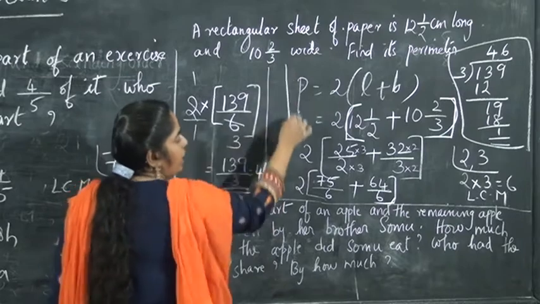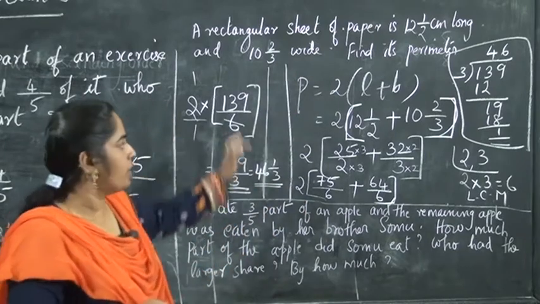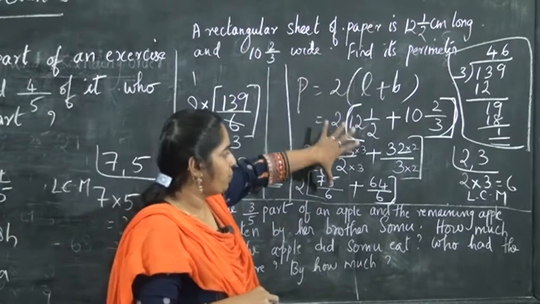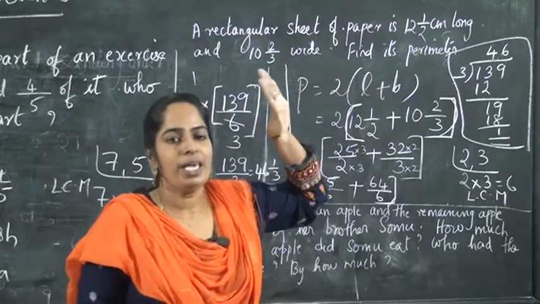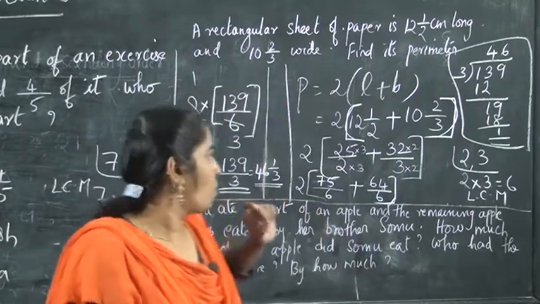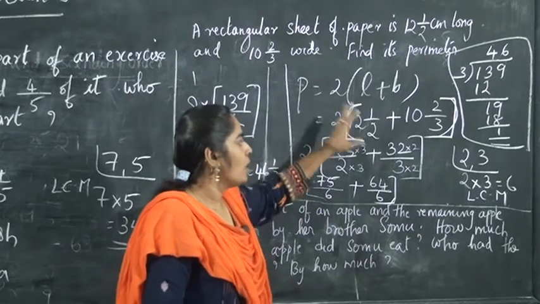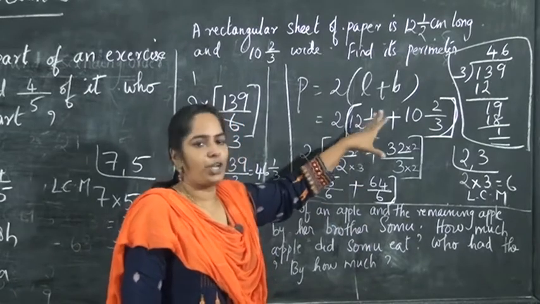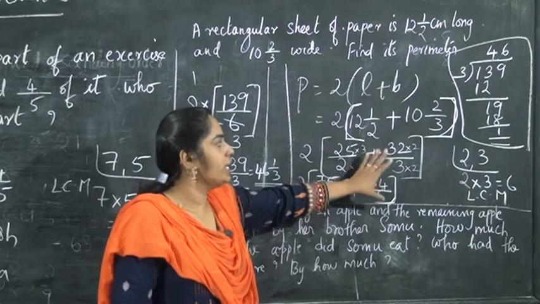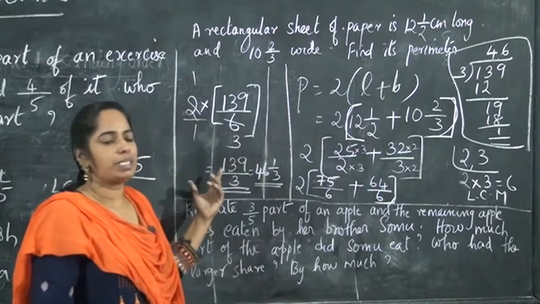Okay children, do you all understand how to find this? This is just a confusing question. So you must be able to understand how to do this. First we must make the denominators the same, then compare, and then add.